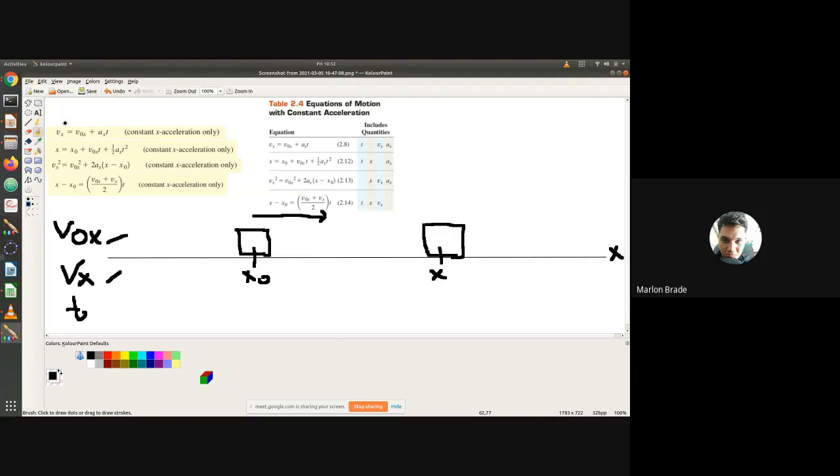And lastly, x minus x naught equals (v naught x plus vx) over 2 multiplied by t. In this case, there is no acceleration. So if we are asked to solve for acceleration, you cannot use this equation because there is no acceleration among its terms. Okay?